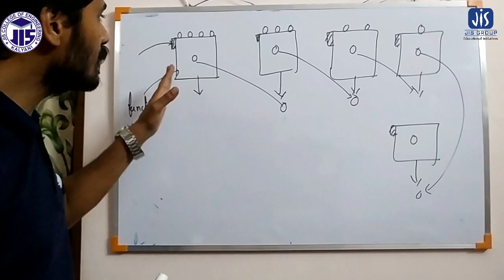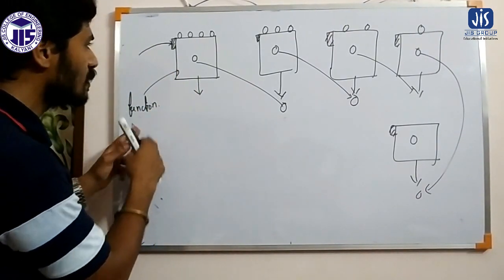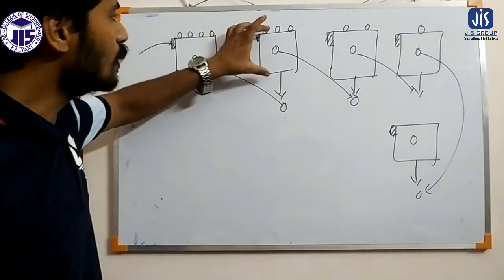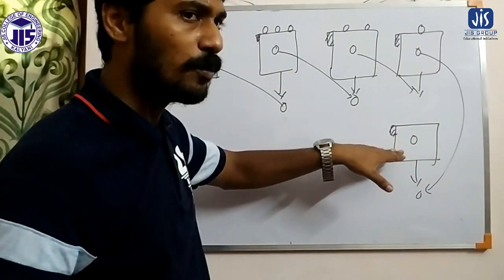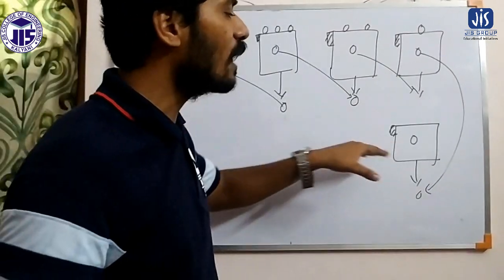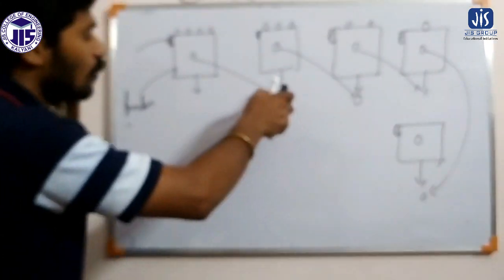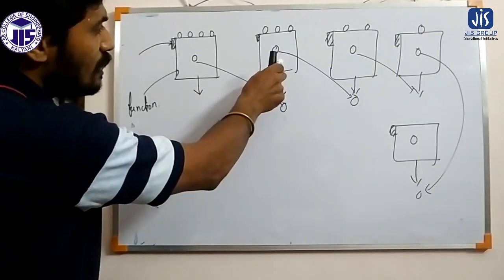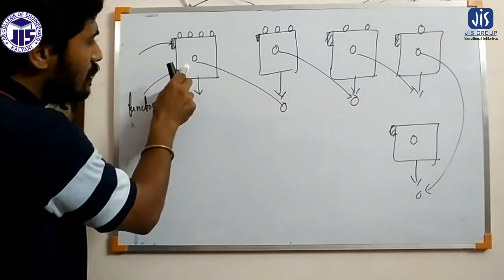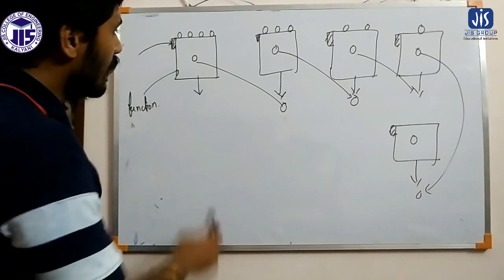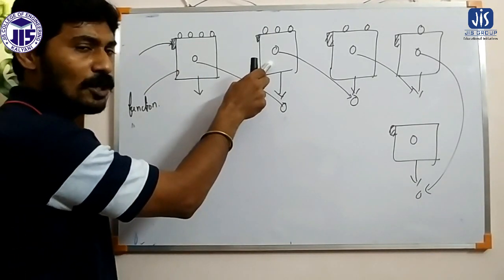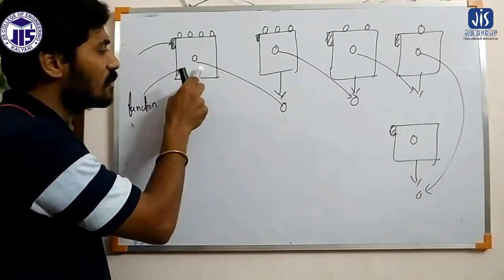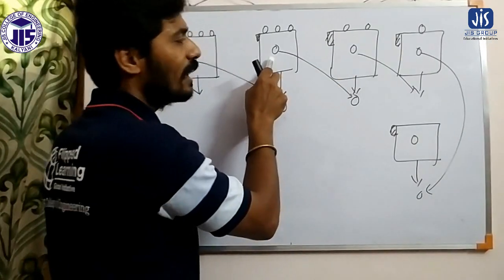So if I consider this as a function, then all these 5 functions that we have here are the same. Or you can say in other words that this function is repeating this function. Here we have one ball available, in this function also we have one ball available. So this function is repeating this, and this function is again repeating this.